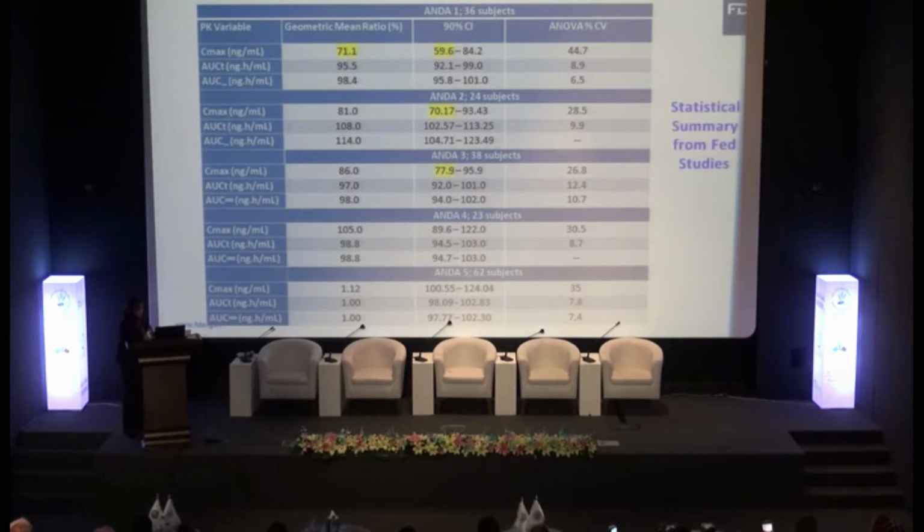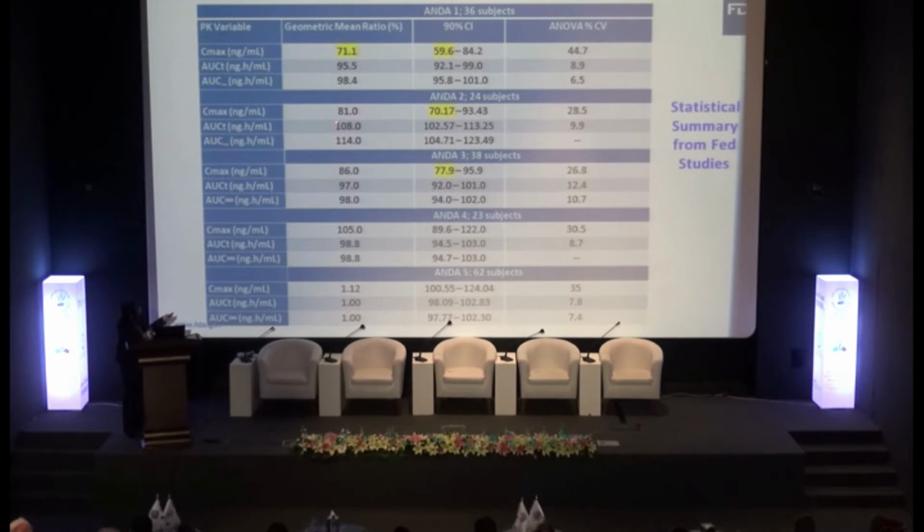So here is the statistical summary of the FED statistics. And you will see the first ANDA, the point estimate is 71, and this is so much on the lower side. It looks like there's no other way but to reformulate this. Even if you repeat the study, you're not going to pass it, just from the data.